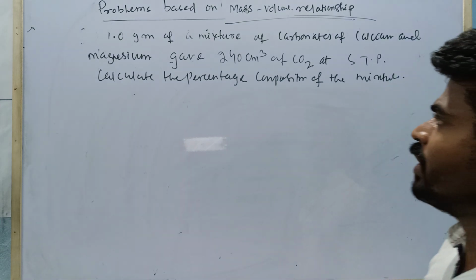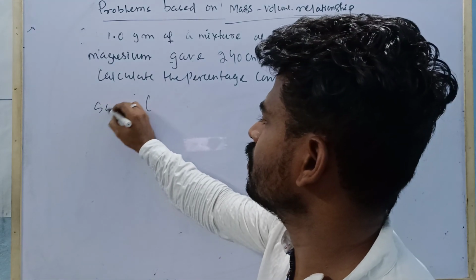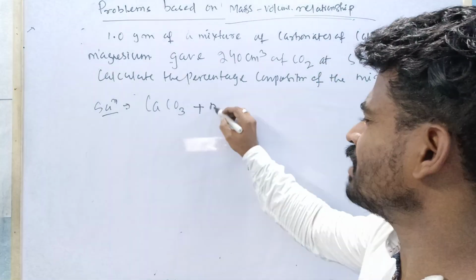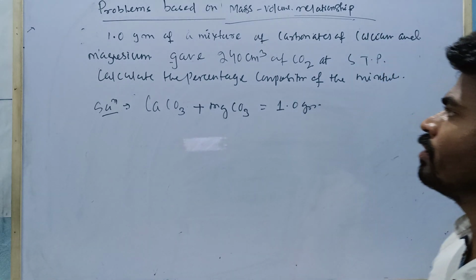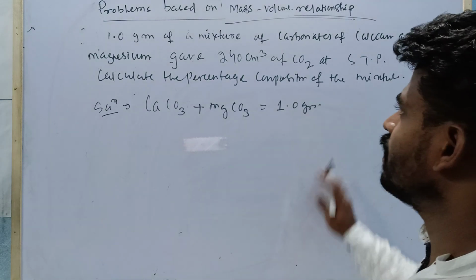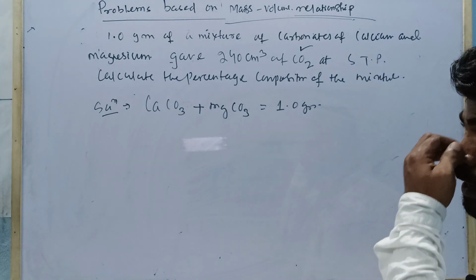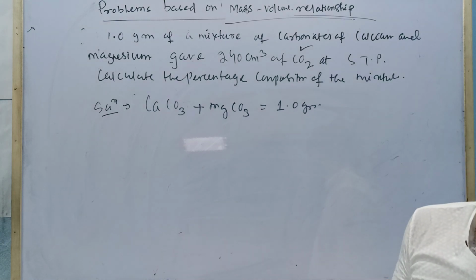You see, 1.0 gram of a mixture of carbonates of calcium and magnesium, that means calcium carbonate CaCO3 plus magnesium carbonate MgCO3 is equal to 1.0 gram. These two gave 240 ml of CO2 at STP. Calculate the percentage composition of the mixture, within 1.0 gram of mixture.